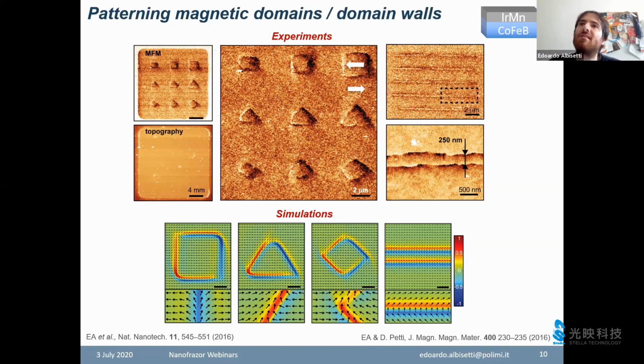And in this particular material, that is iron cobalt boron with the antiferromagnetic layer on top of a, I think, 5 nanometer thick iron cobalt boron layer, you can have a magnetic domain with a reasonably minimum size of 250 nanometers. And it's worth noticing this is not the resolution of the heat profile.